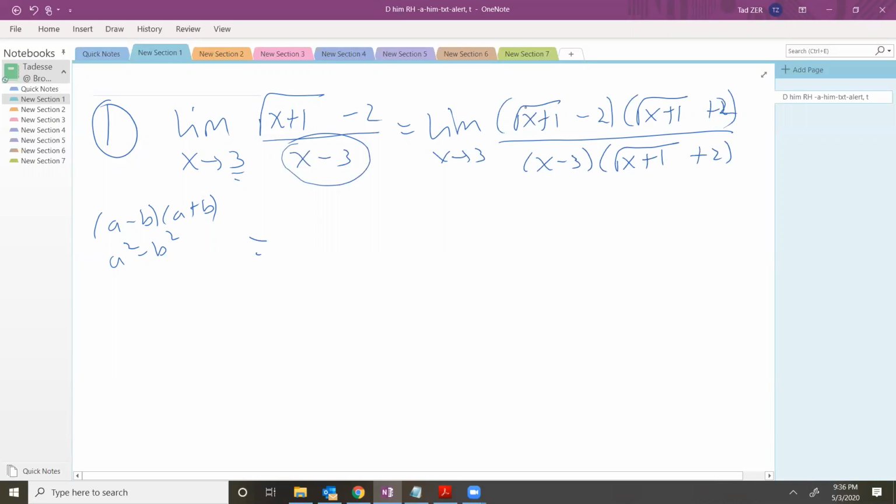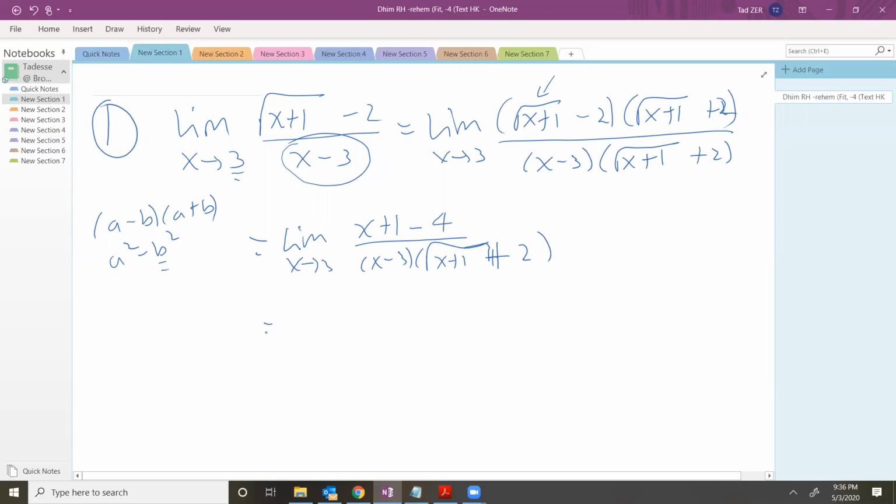If you square radical of x plus 1, it will be x plus 1. Minus, if you square the second one, which is 2, 2 squared is 4, divided by x minus 3 times radical of x plus 1 plus 2. x goes to 3.